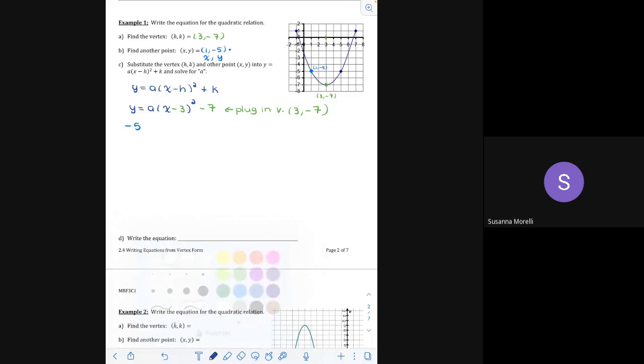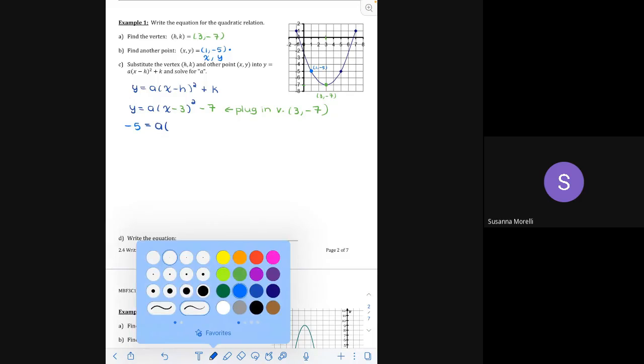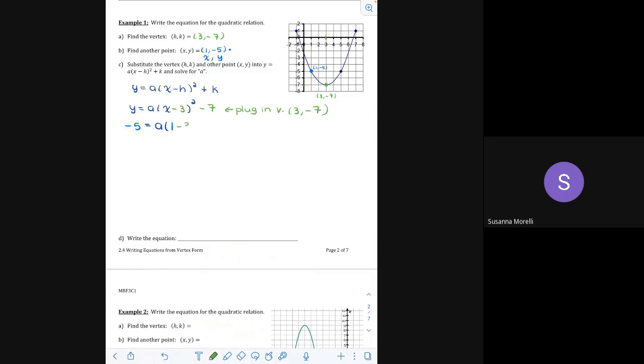So -5 is equal to a, and then the 1, and then the vertex was -3, squared, minus 7.